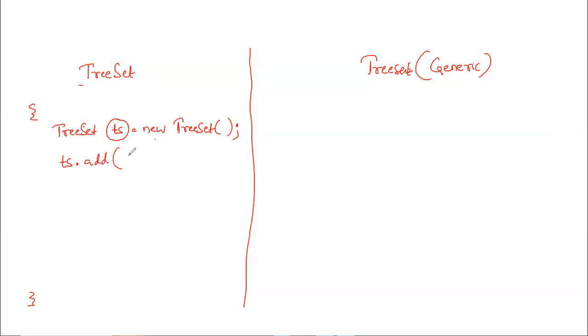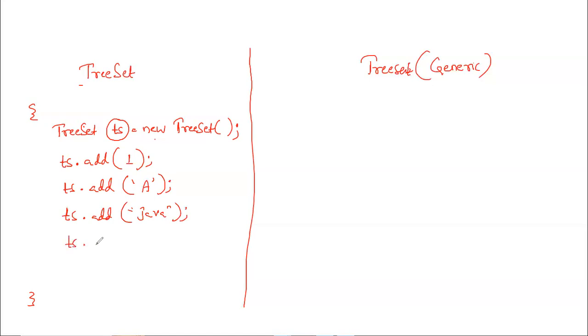So add some number 1. Then I am using ts.add with some character, say 'a'. Then ts.add with some name, say "Java", and some float value, some double value.